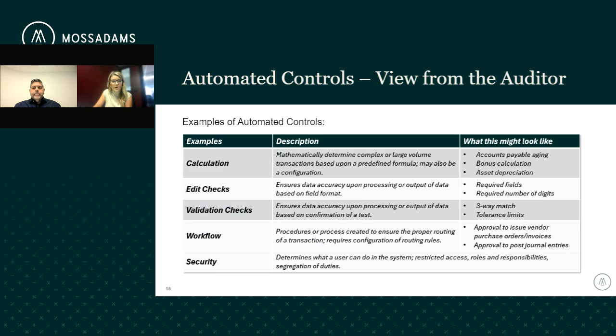Here are some common automated controls. They exist in various forms. Some of the most common ones that we come across, and you're likely using in your organization, are when an application is performing a key calculation, like asset depreciation or an AP aging; a validation check, the most common being a three-way match between a purchase order, invoice, and receiving; a workflow that is used across many different processes, journal entry approval, purchase order approval, invoices, maybe reimbursable expenses; and then security.